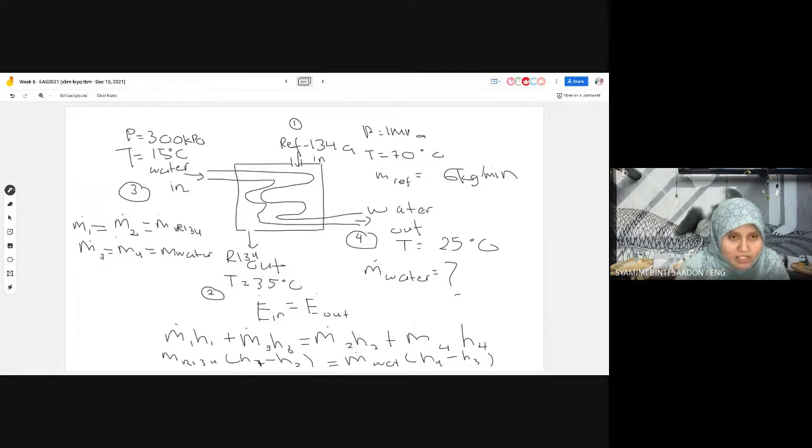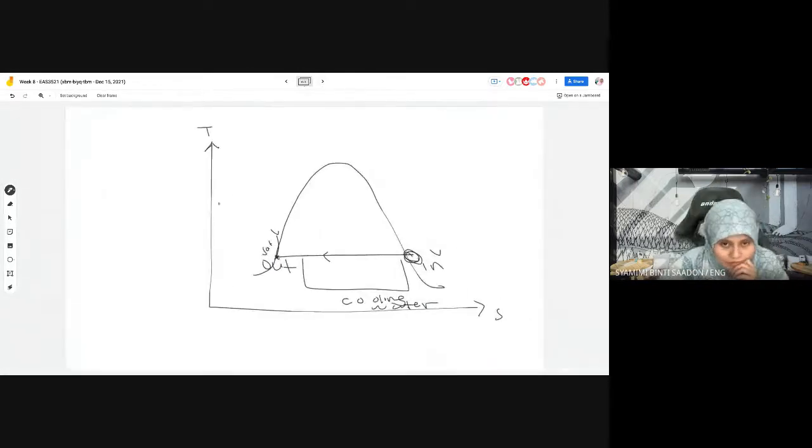And last before we finish, the last question: the heat transfer rate from the refrigerant to water. So now we are going to calculate the heat transfer rate, refrigerant to the water.